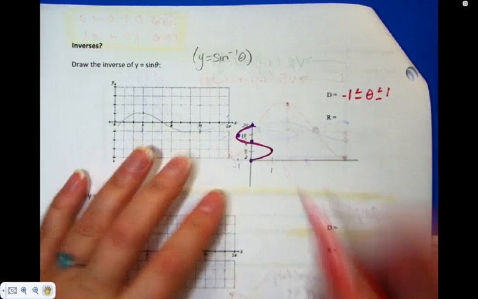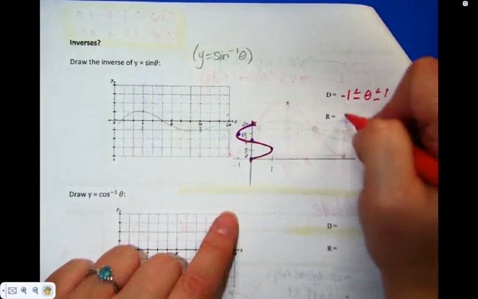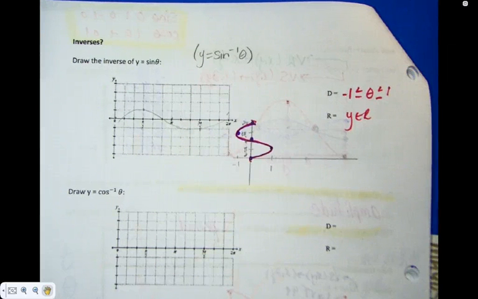What about the range? Again, keeping in mind there's arrows. It goes on forever and ever. And just like when we did inverses on Tuesday, you'll notice the domain and range flip. Domain of the original becomes range of the new one, et cetera, et cetera.